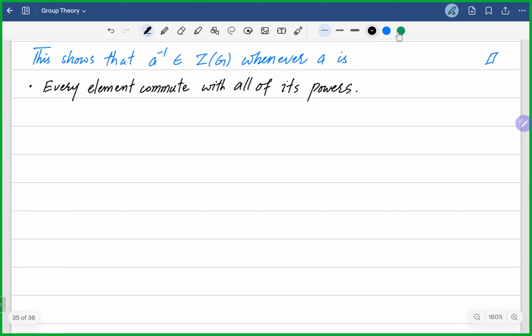So the next definition is the centralizer of A in G. Now, what is the centralizer?